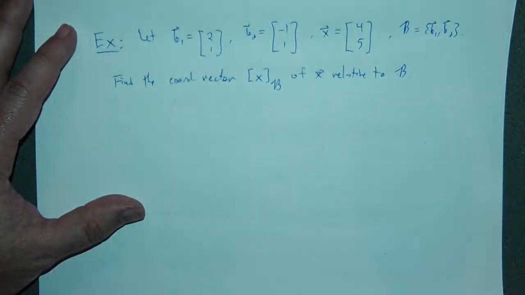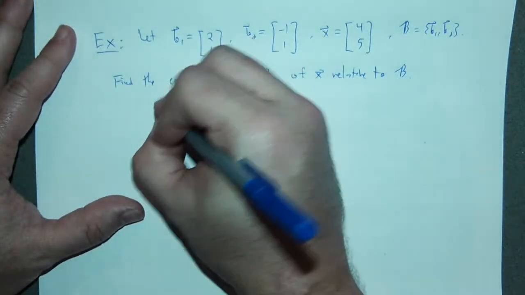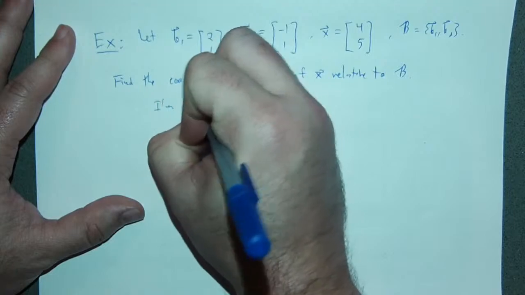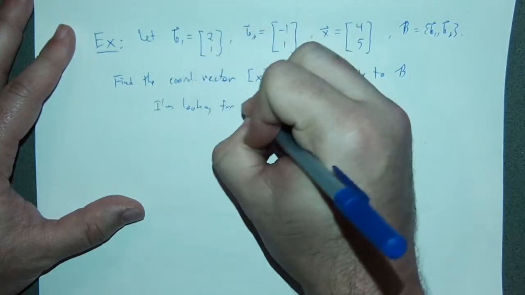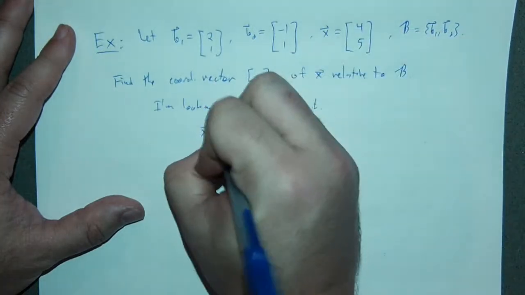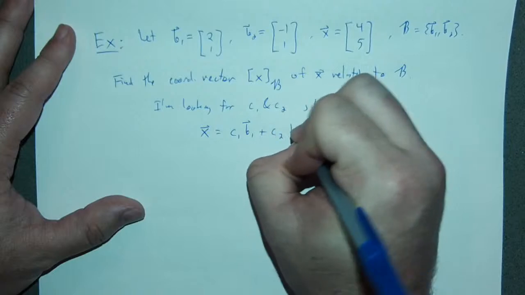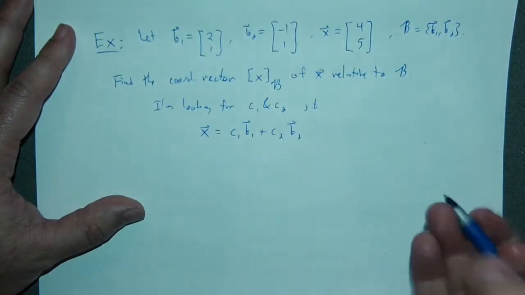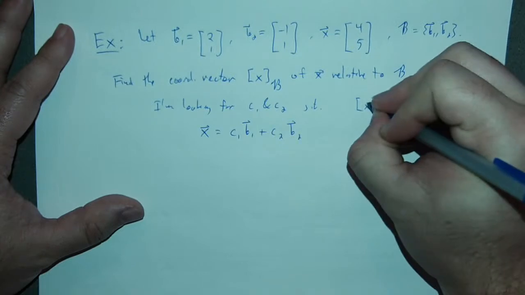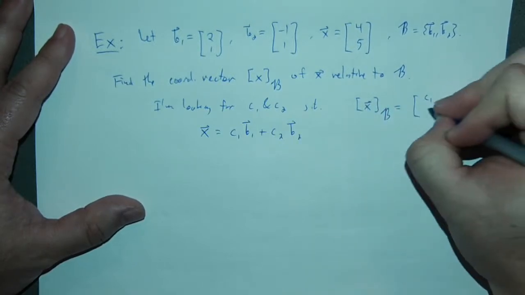Right. So the idea is that I'm looking for c1 and c2 such that x is equal to c1 b1 plus c2 b2. If I can find that, then I have directly that the B coordinate of x is just (c1, c2).